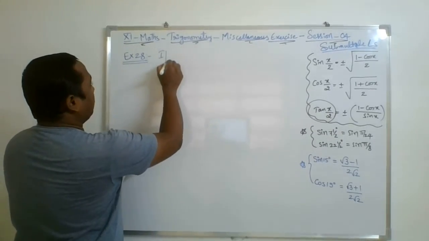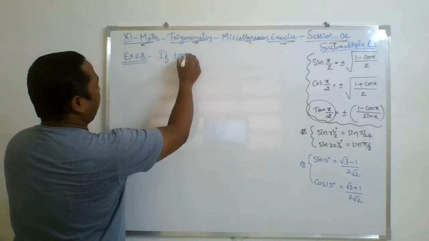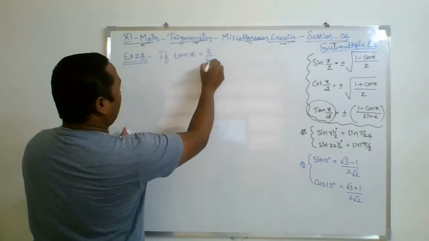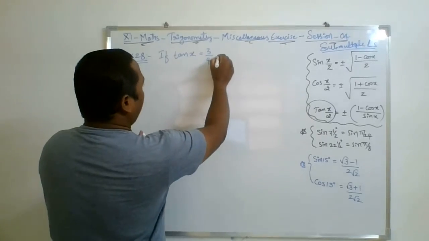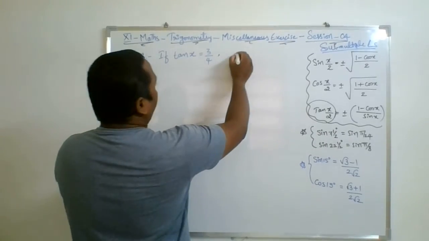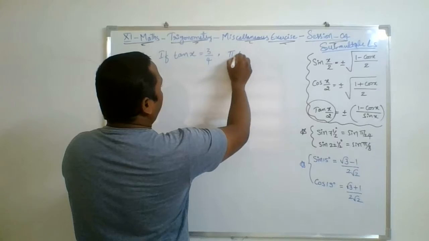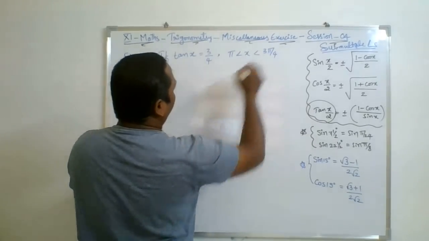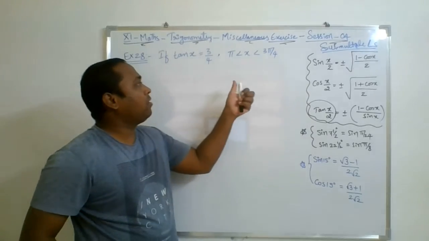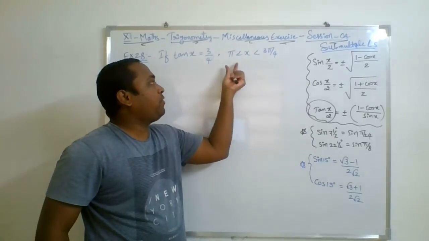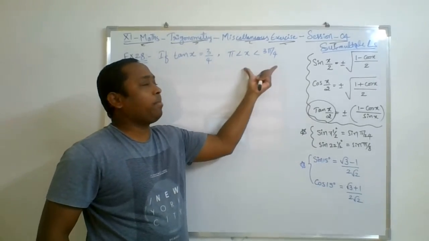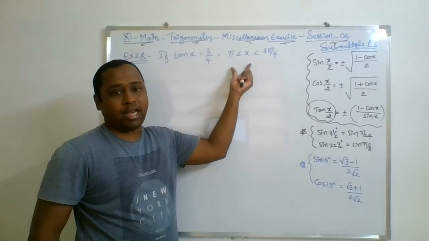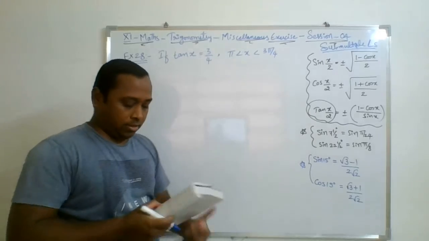If tan x is equal to 3 by 4, where the angle lies between pi to 3 pi by 2. What does it mean? If the angle lies between pi to 3 pi by 2, it means angle x lies in the third quadrant.